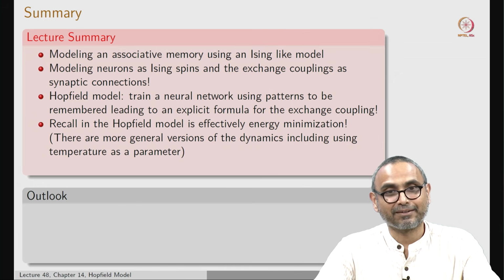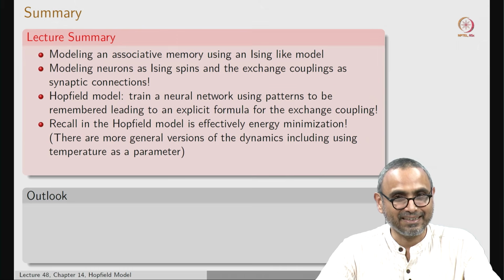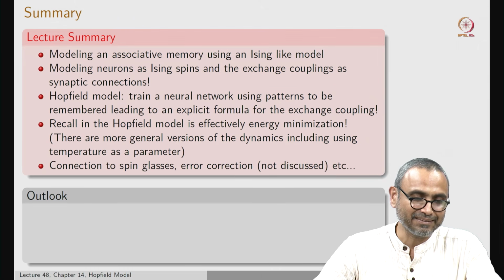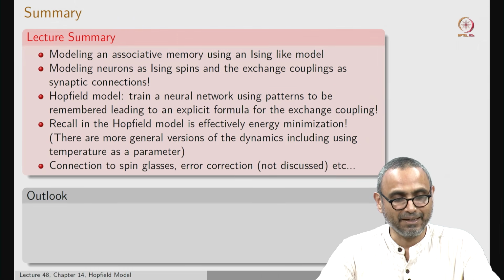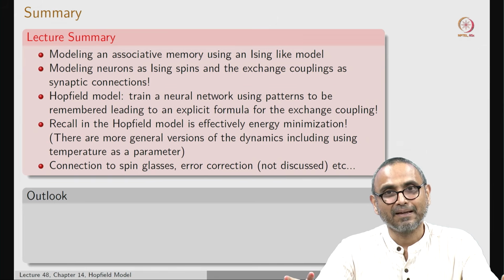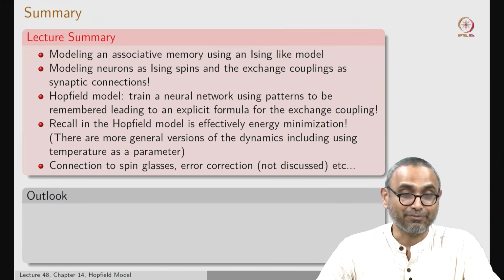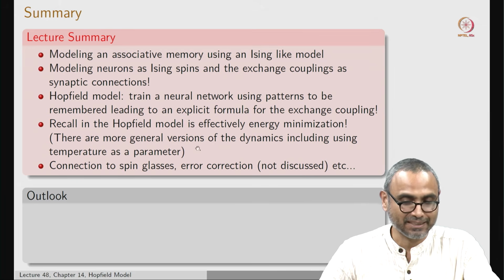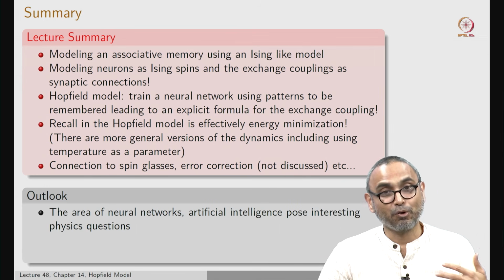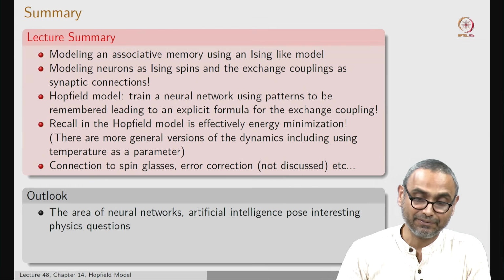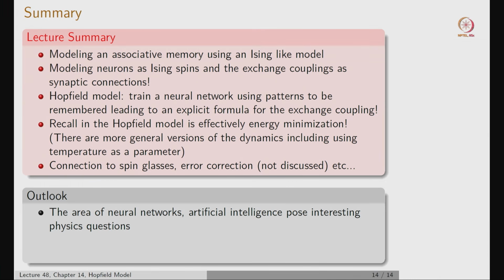But what I would like to tell you is that this area that has been emerging has lots of connections to many different statistical physics problems. In fact, it has connections to error correction, classical and quantum, all the different kinds of error correction. I have not discussed that here. And more generally, the area of neural networks and artificial intelligence, if you really think deeply about them, actually poses very interesting physics questions.